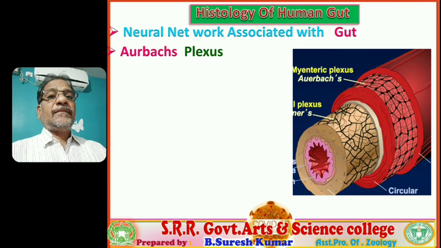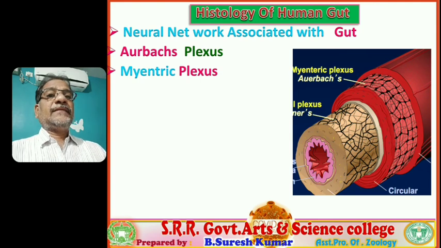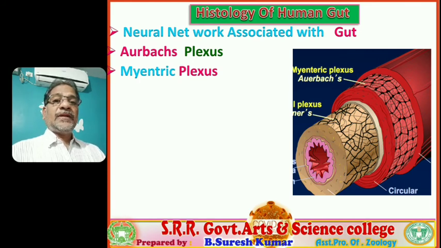So first, the parasympathetic network, that is Auerbach's plexus. It is also called the myenteric plexus. You observe the term myenteric, muscle.